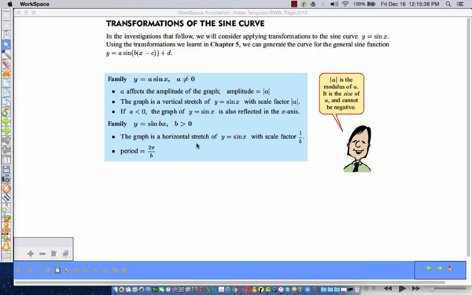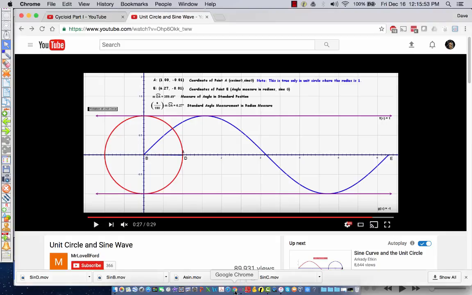B affects the horizontal stretch. A is vertical stretch, hence amplitude. B is horizontal stretch, and therefore it affects the period of the graph. The period is equal to 2 pi over B. Let's go back to this video. One period of the sine curve is equal to 2 pi before the graph starts to repeat itself.